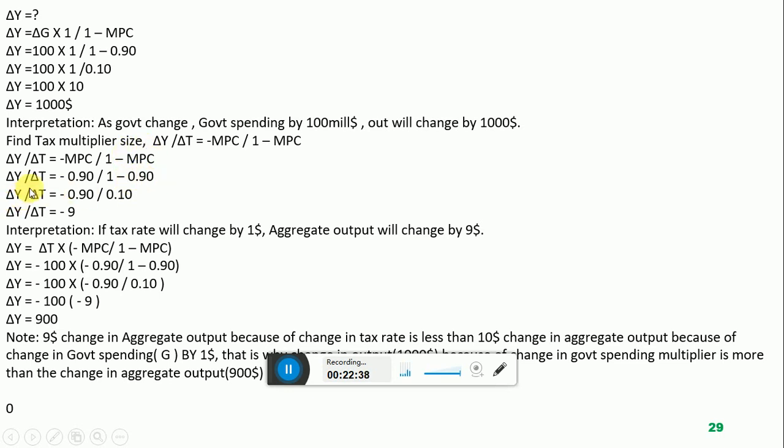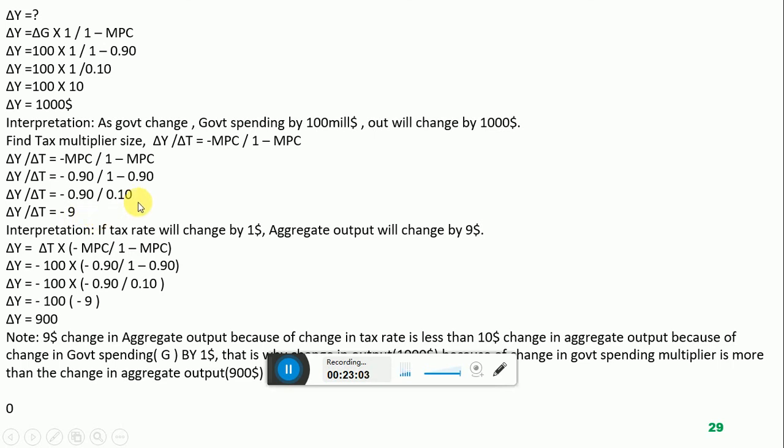Delta Y divided by delta T is equal to minus 0.90 divided by 0.10, and delta Y divided by delta T is equal to minus 9. When we divide 90% by 10%, the result will be minus 9. What does this mean?